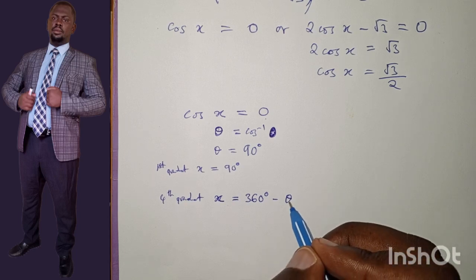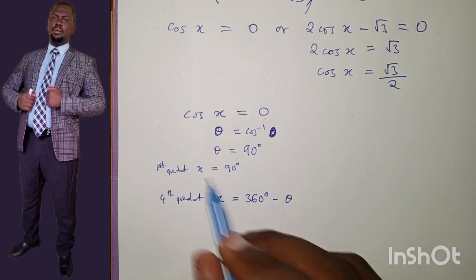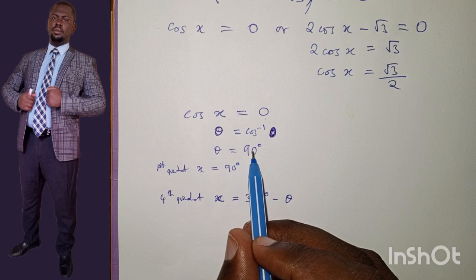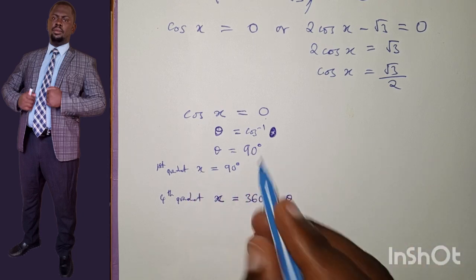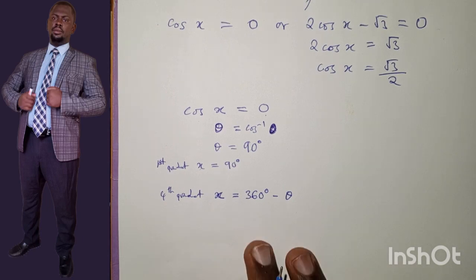Now this theta is different from x. Just know that theta is the angle in the first quadrant, such that this 90 degrees is also part of the solution set. But theta, always remember, is the angle in the first quadrant.